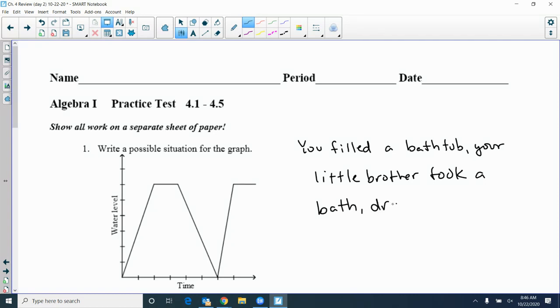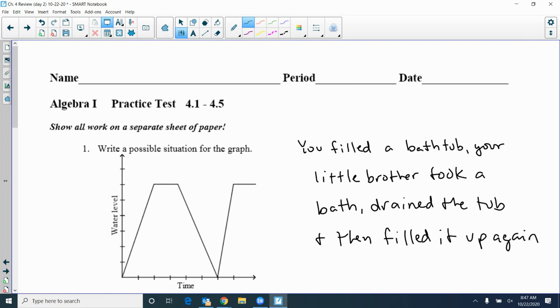Drained the tub and then filled it up again. Okay. You could use a sink, let's say, as well. Like you fill the sink up, did some dishes, drained it, filled it again.